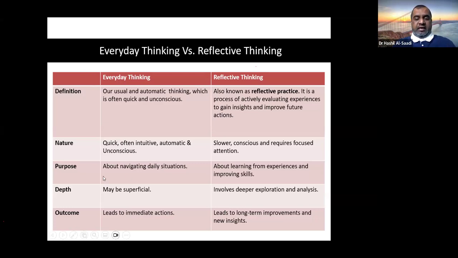The purpose of everyday thinking is to navigate our everyday situations. Going shopping, doing my homework, attending a lecture, at the weekend perhaps you go visit friends and so on. That's the everyday situations. But the reflective thinking is about learning from experiences and also improving skills.